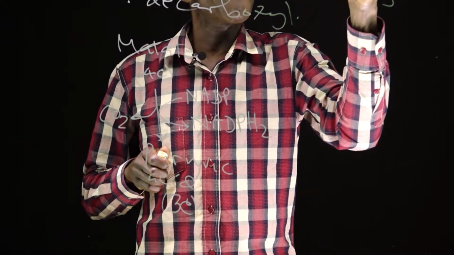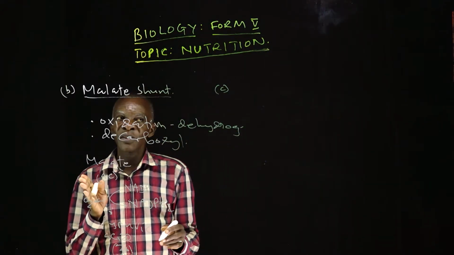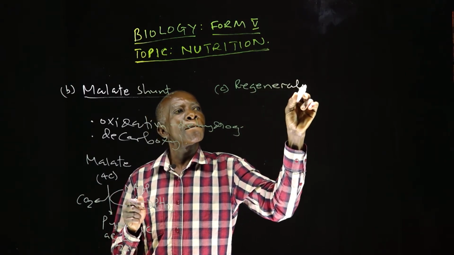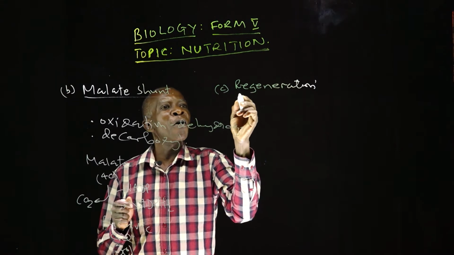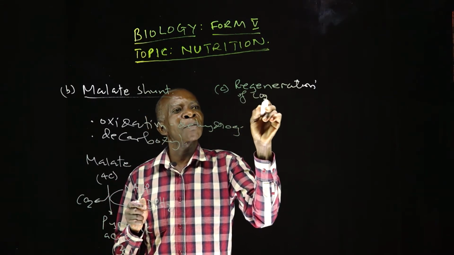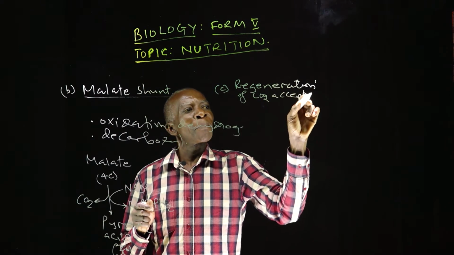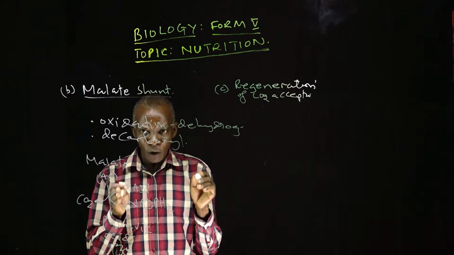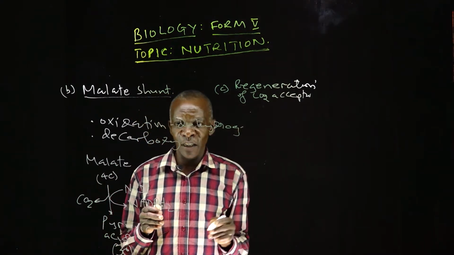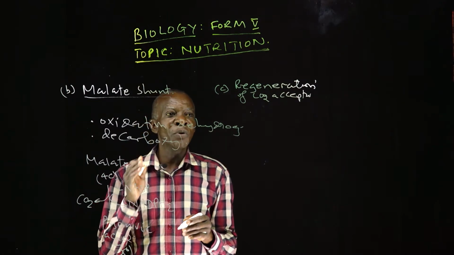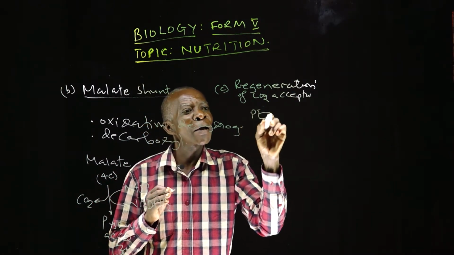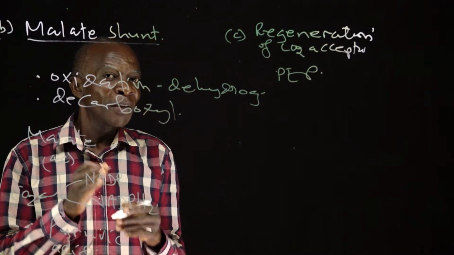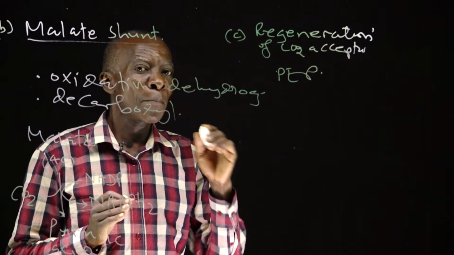And then after formation of pyruvate, there is regeneration of a carbon dioxide acceptor, in this case, a phosphoenolpyruvic acid compound. The formed pyruvic acid in the bundle sheath is used to regenerate phosphoenolpyruvic acid.